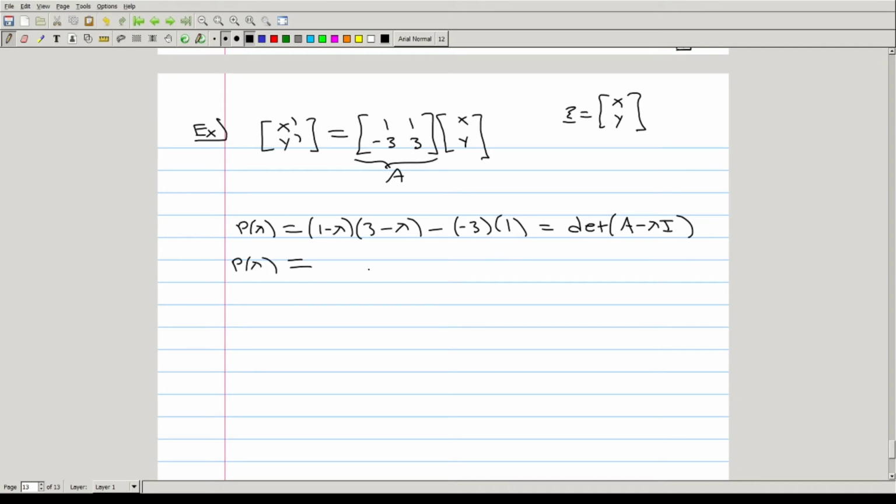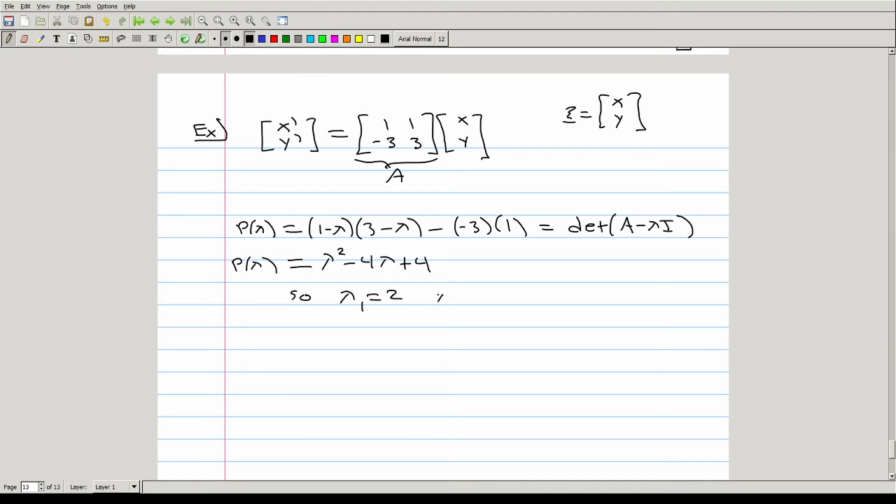So p of lambda will be lambda squared minus 4 lambda plus 4. So we have repeated eigenvalues.